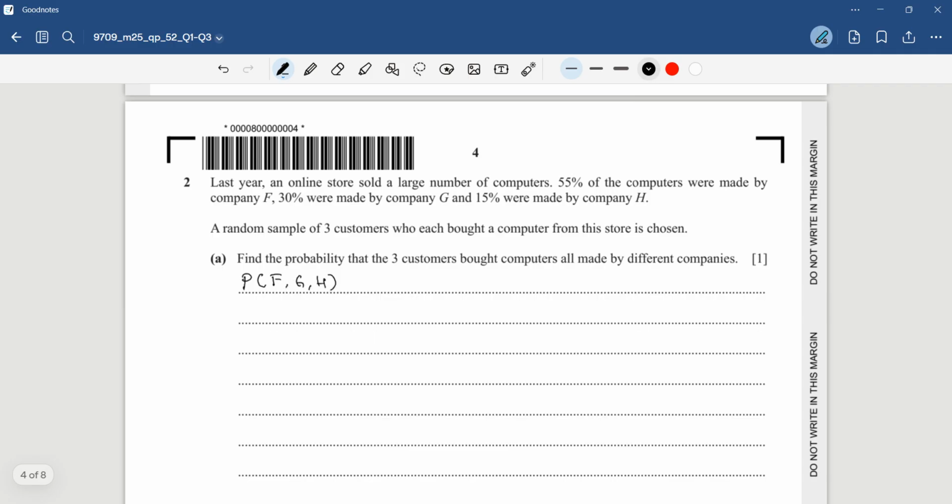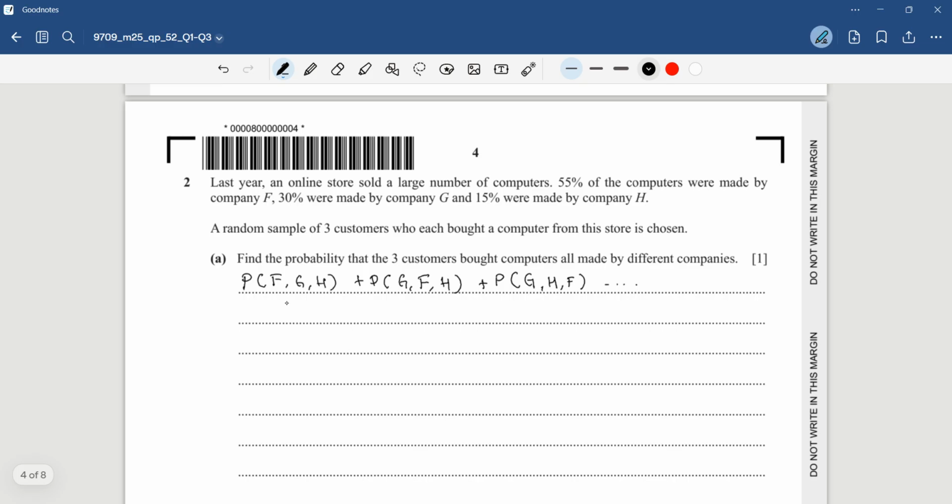But take note that they never specifically mention what is the order of the customers' purchases. It can be the first customer, second customer, third customer, or it also can be the first customer bought from G, the second customer bought from F, and the third customer bought from H. Or it can be the first customer bought from G, second is H and F. Okay, and it continues.